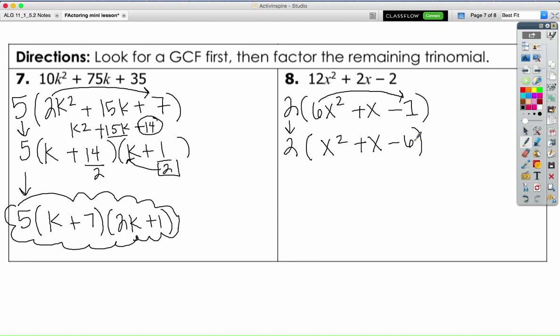So we're thinking, what are the two numbers that multiply to give me negative 6, but then add together to give me a positive 1? That's going to be x plus 3 and x minus 2, because that would be a positive 3x minus 2x, which would give me a positive 1x.